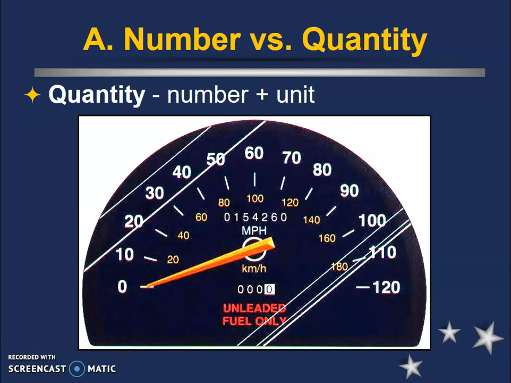Or was I talking about 120 kilometers per hour, in which case I was probably just on the interstate because that's the speed limit on the interstate, right? So we've got to make sure that we include our unit, okay? All semester long, if you ever write down a number as an answer, there needs to be a unit attached to it. That is part of your answer. If you do not include the unit, you will lose partial credit. Gotta have that unit.